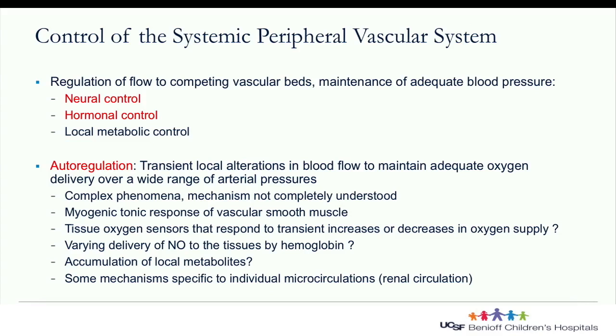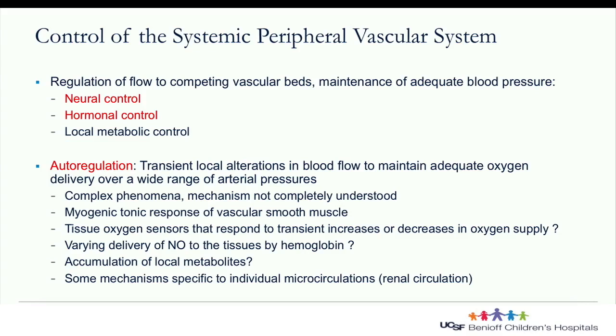So recognizing that there are many mechanisms in place that serve to control blood flow and help regulate and control flow to competing vascular beds under a variety of conditions and blood pressures, the primary goal is always to maintain adequate oxygen delivery to the tissues, regardless of the physiologic state. And the primary mechanism that governs this is autoregulation.